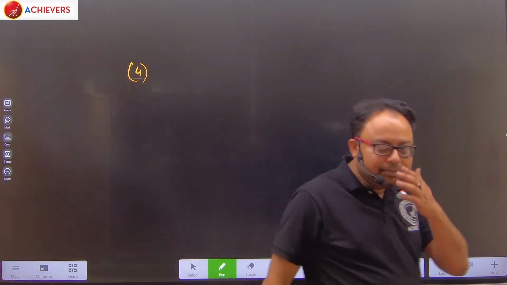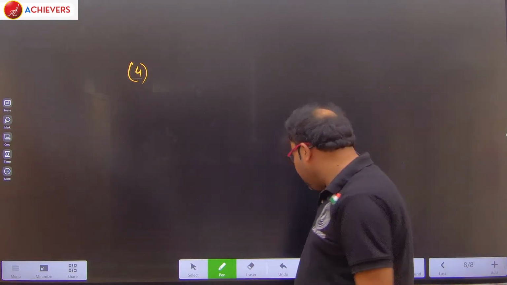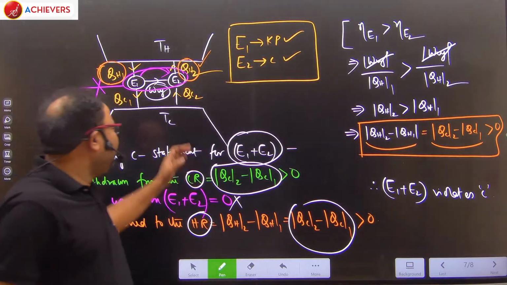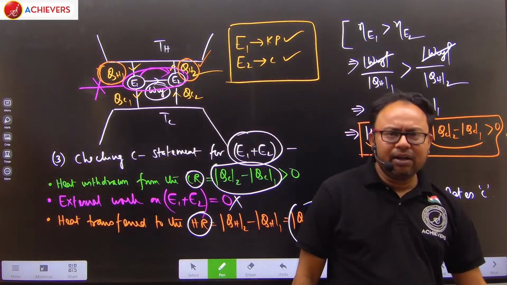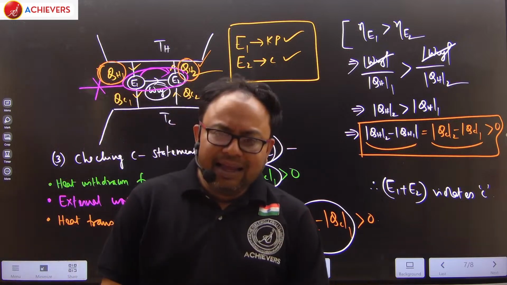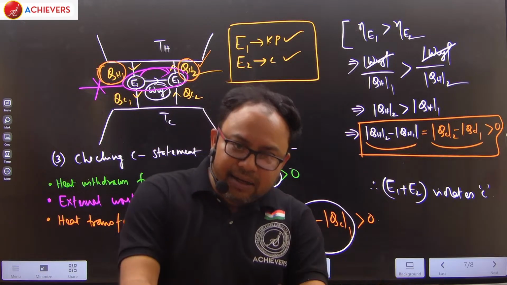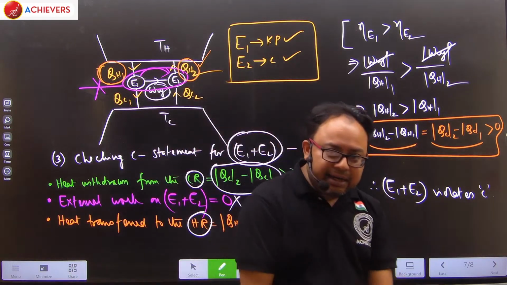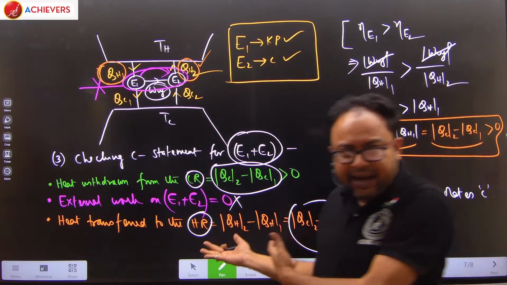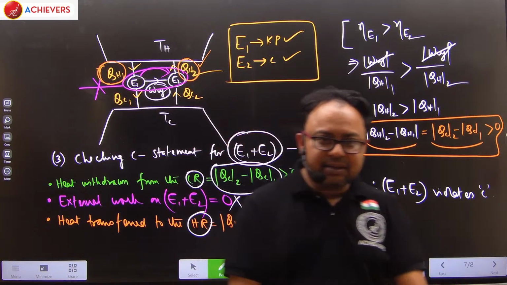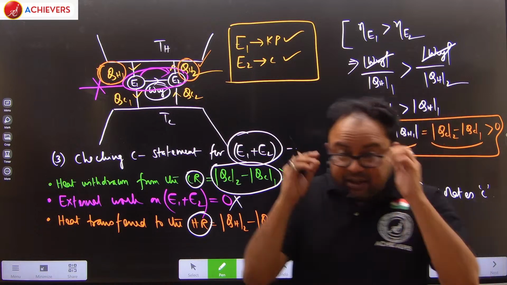Fourth point. Now, we haven't made any mistake over here. Still, we are ending up in a very erroneous situation. So what is the reason behind that?